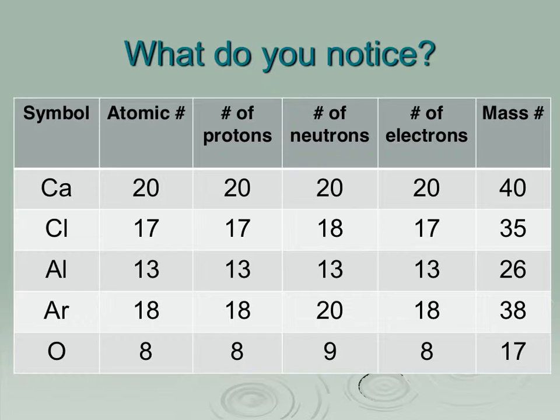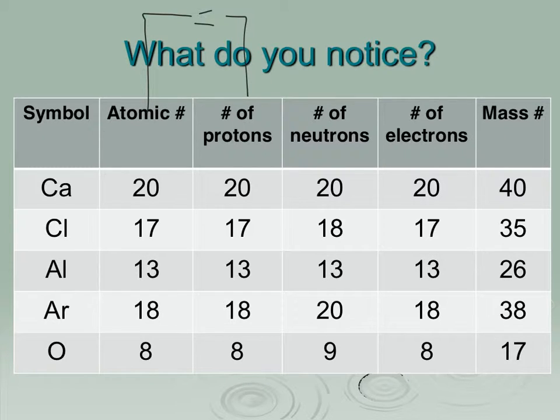Now what I would like you to do is take about 15-30 seconds, pause the video, and try and come up with any patterns that you might notice in these numbers. Alright, now that you've had some time to look at these numbers, hopefully there's a couple patterns that you noticed. One is that your atomic number is always equal to your number of protons.